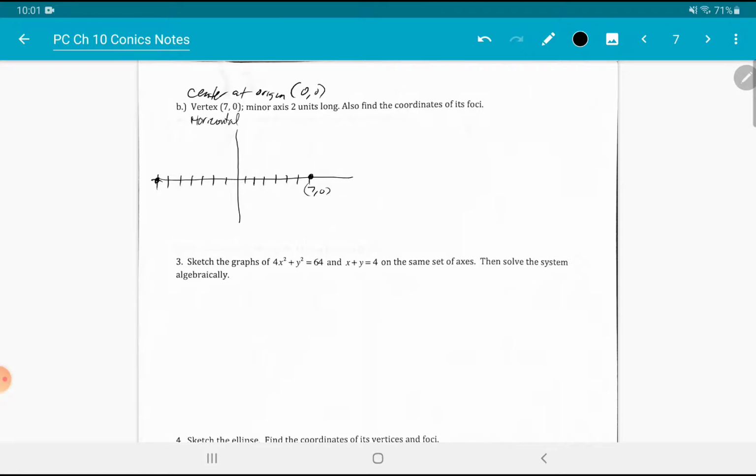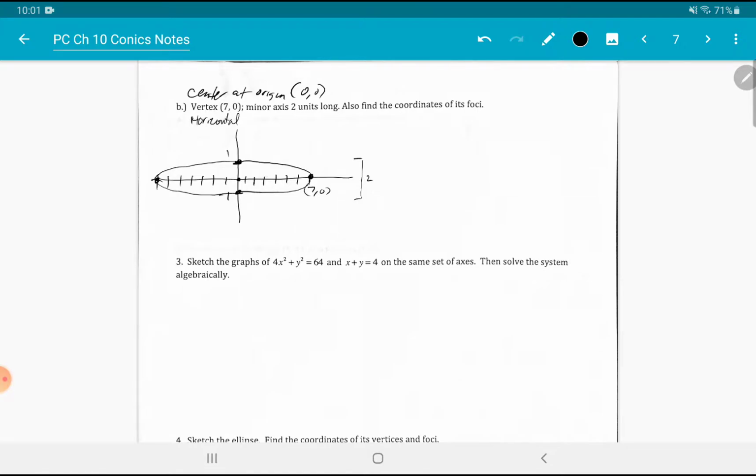The minor axis is 2 units long, meaning that the entire length from end to end is 2 units long for the minor axis, which means since the center is at (0, 0), I only go up 1 and down 1 as well. That's going to give us a length of 2. From there, I can go ahead and draw my ellipse. There we go. And with enough practice, your ellipses should look somewhat symmetrical.